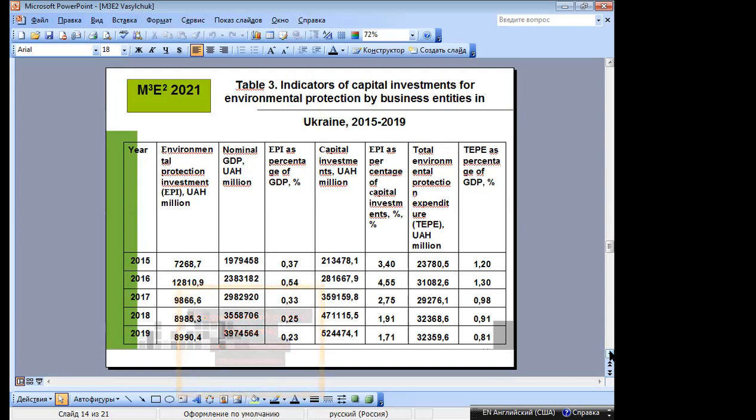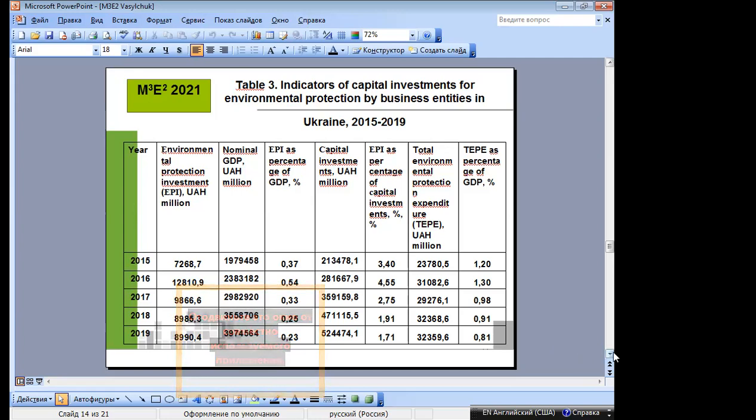The share of such investments in GDP of Ukraine was 0.23% in 2019, and in the total environmental protection expenditure of economic entities 0.8% in 2019, which is too small and tends to decrease.